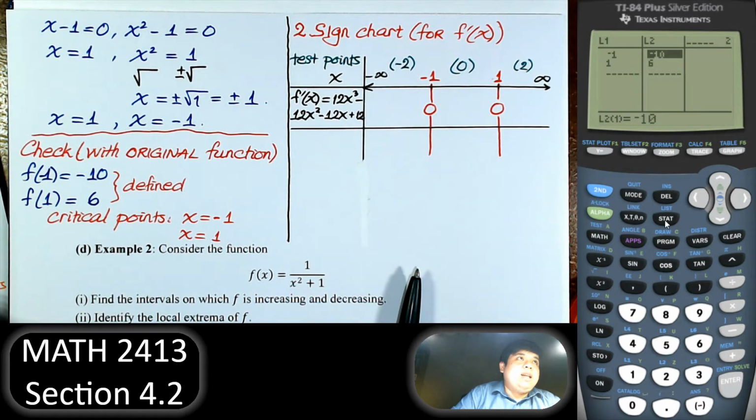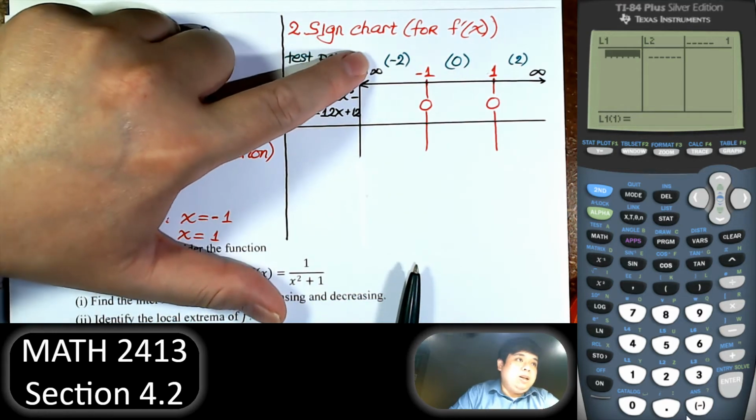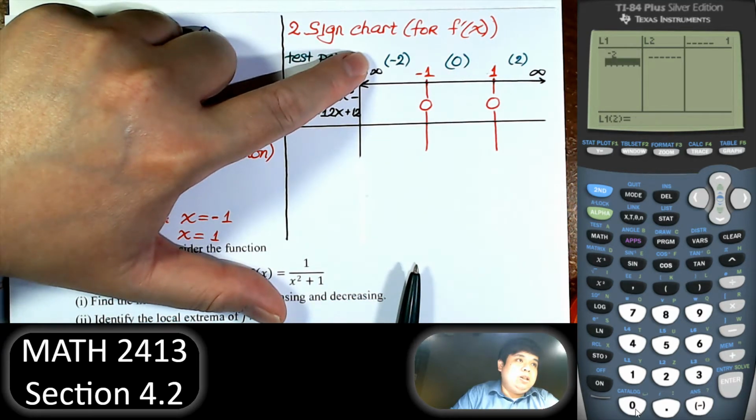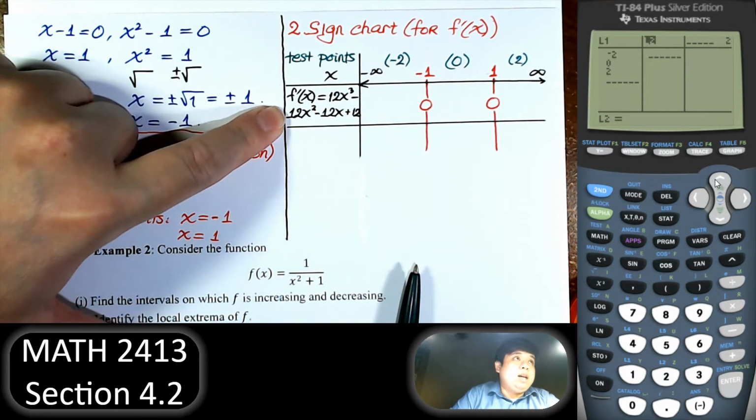So again, start, edit. Let's clear the list. Clear and clear. Right. Now, the points negative 2, 0, and 2. The derivative that we will test, highlight the list 2.